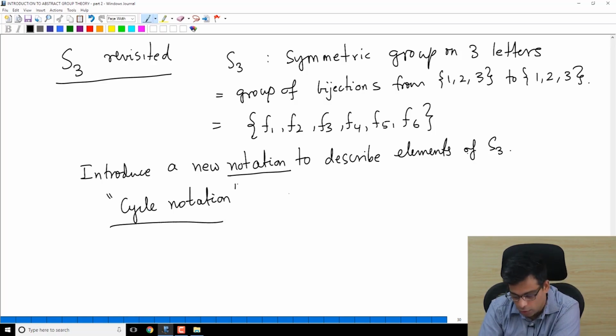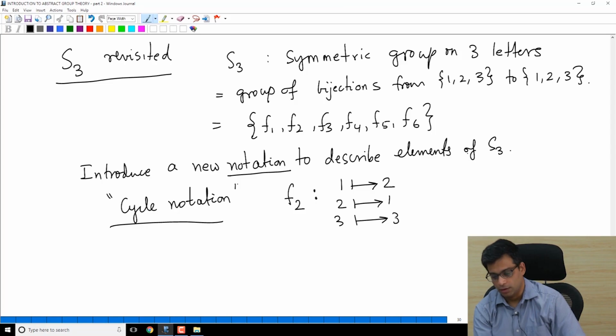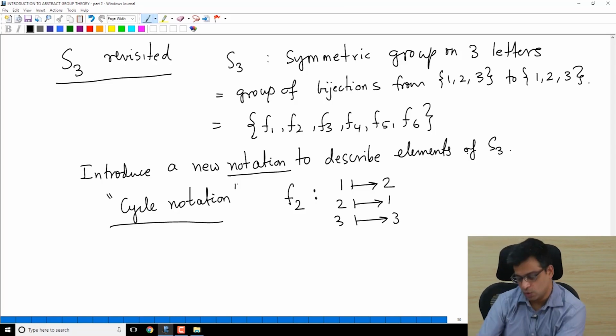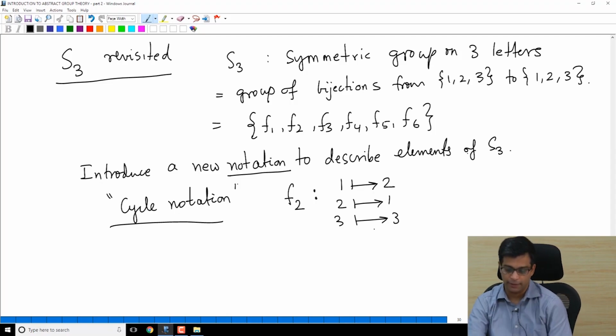So if you recall what F2 was, I will just do it for one or 2 elements. F2 was the function which sends 1 to 2, 2 to 1 and 3 to 3, right? So this was the function. So let's look at this carefully and how to minimize the data that I have written. A lot of it is unnecessary.